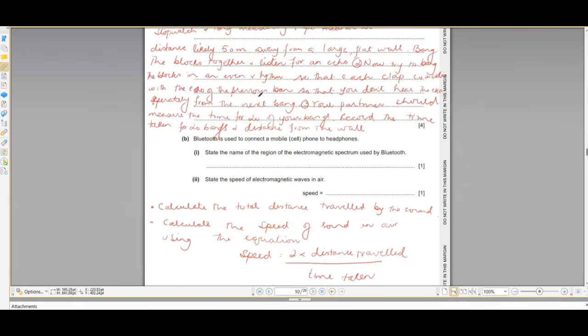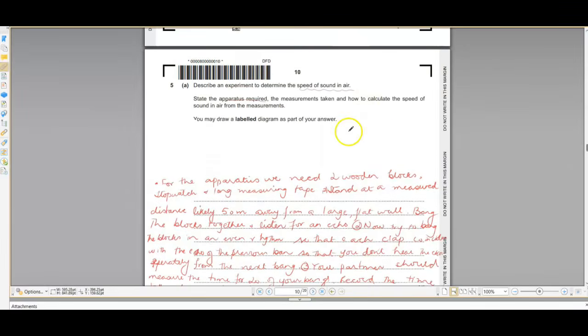ठीक है? As far as a picture is concerned, you can always use this as your wall.